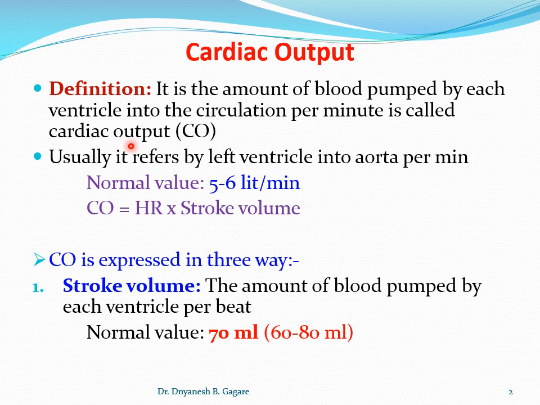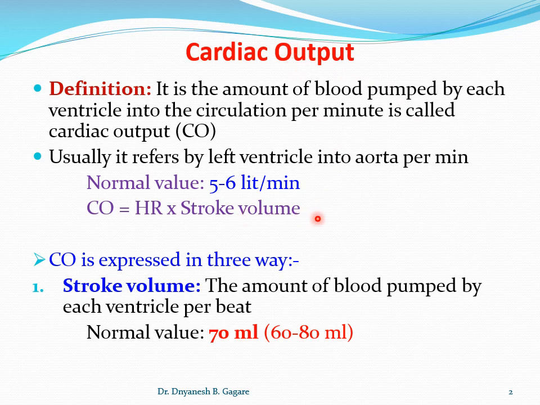You take right ventricle or left ventricle, the blood pumped by the right ventricle or left ventricle into the aorta per minute is called the cardiac output, and usually it refers to the blood pumped by the left ventricle into the aorta per minute.